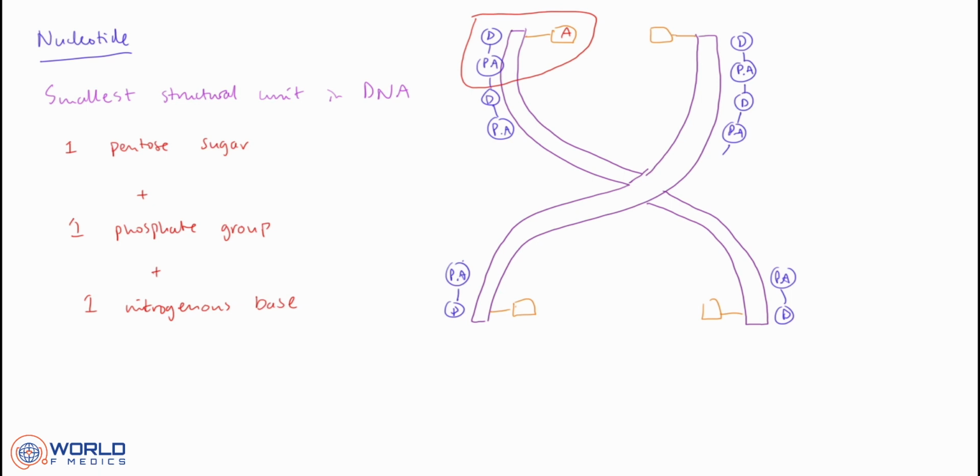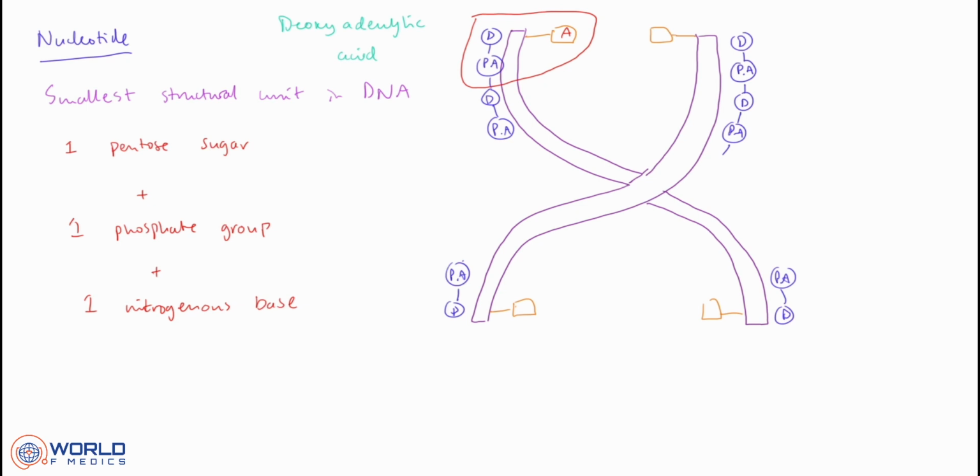And there's actually 4 nucleotides which are based on which nitrogenous base is included within each one. So we've got adenine here. So the name of this nucleotide is going to be deoxyadenylic acid. Deoxyadenylic acid.